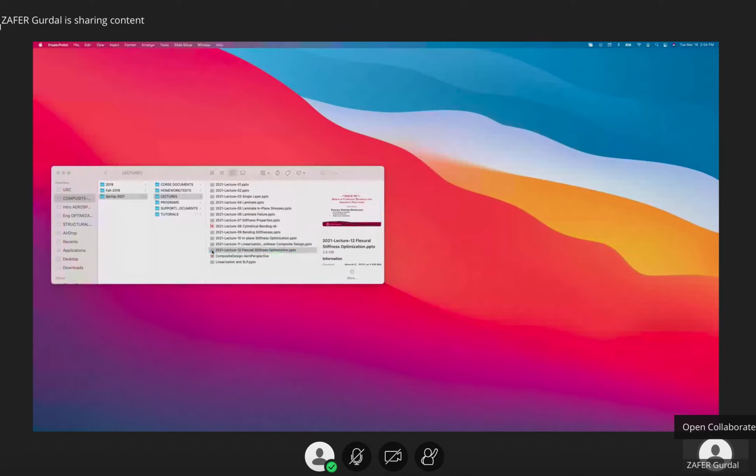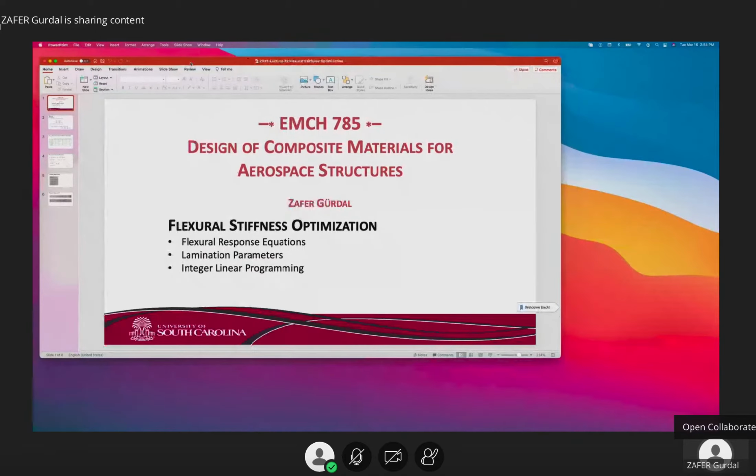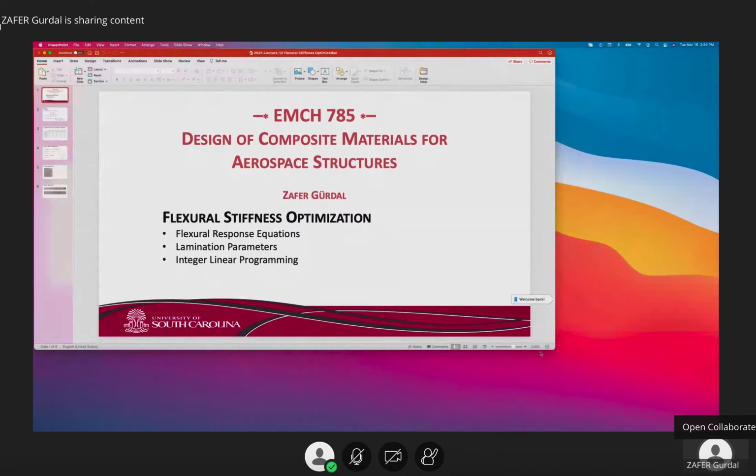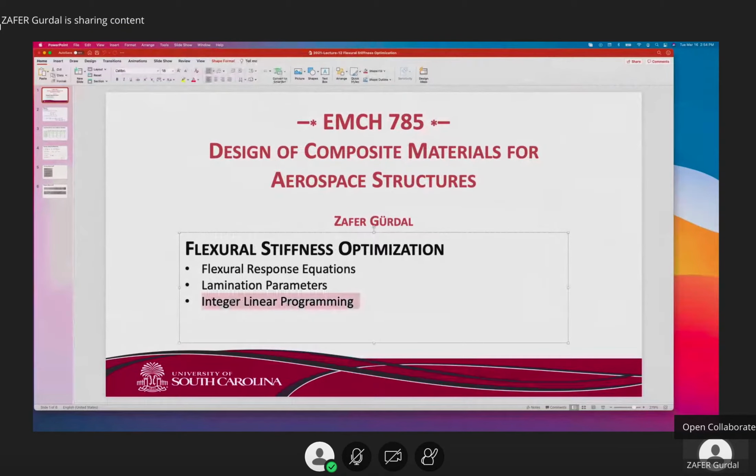So with that, let me open my charts. This is what I'm supposed to be covering. This we already covered, so we're just going to use the flexural response and the lamination parameters in this lecture. So then put into presentation form.